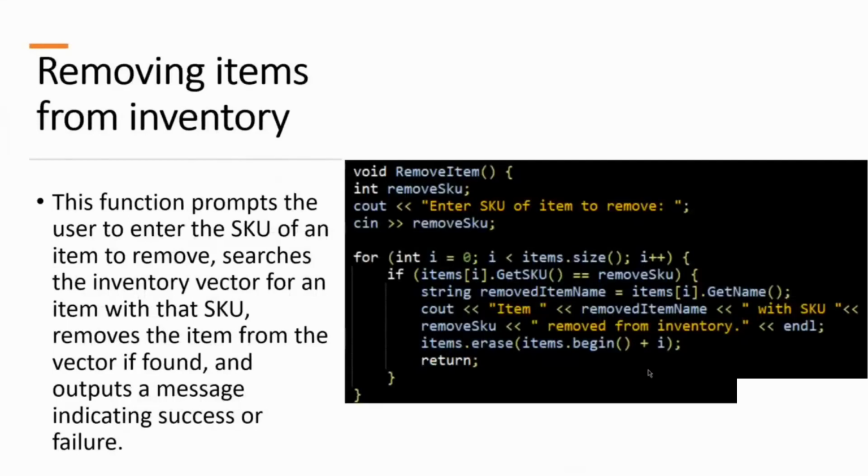It prompts the user to enter the SKU of an item to remove. It searches the inventory vector for an item with that SKU, and it removes the item from the vector if found, and outputs a message indicating success. If it didn't find it, it outputs a failure.